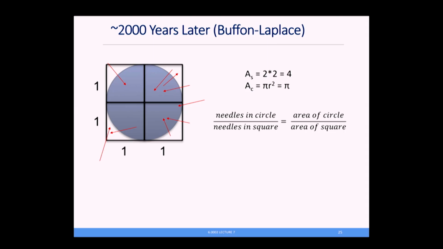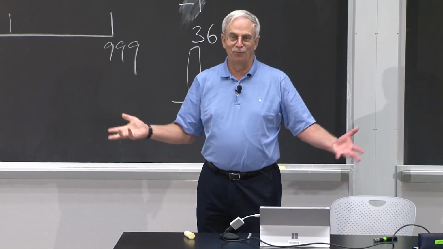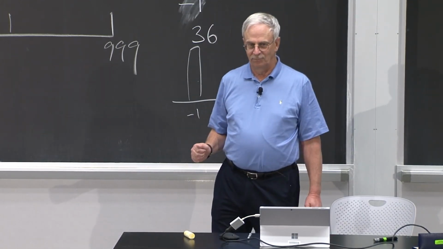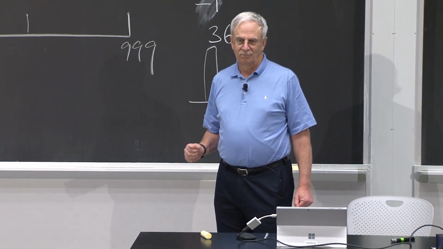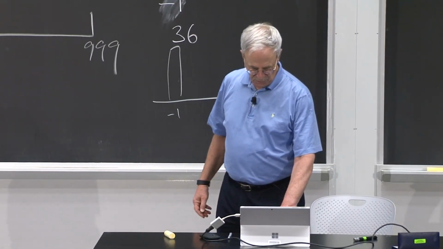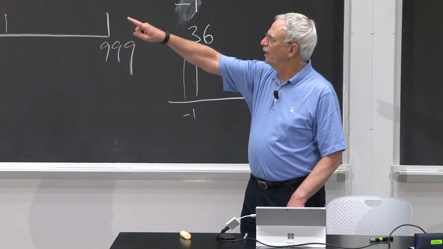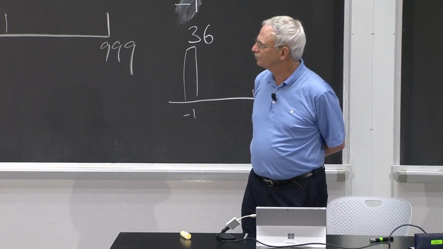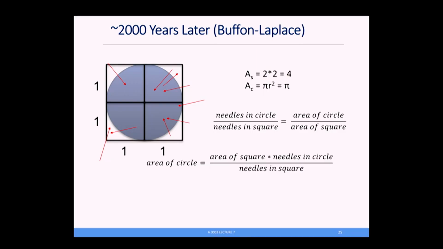And then they said, well, since they're falling at random, the ratio of the needles in the circle to the needles in the square should exactly equal the area of the circle over the area of the square. Exactly if you did an infinite number of needles. Does that make sense? Now, given that, you can do some algebra and solve for the area of the circle and say it has to be the area of the square times the number of needles in the circle divided by the needles in the square.